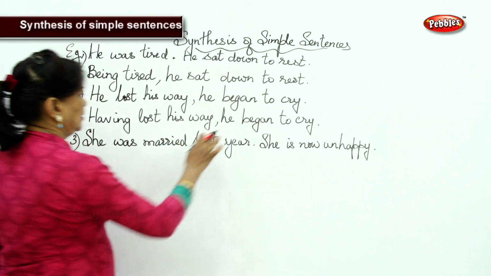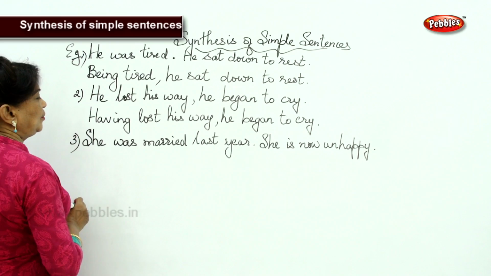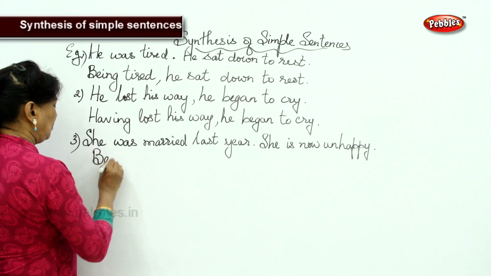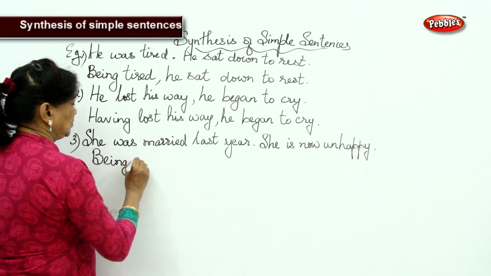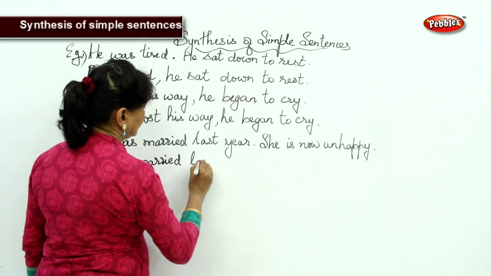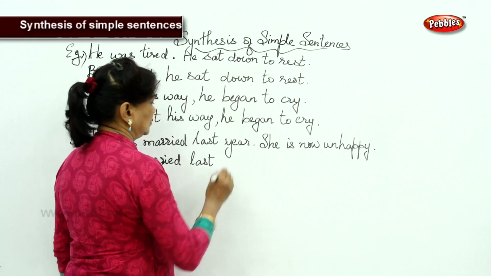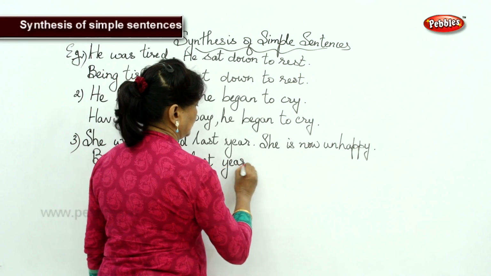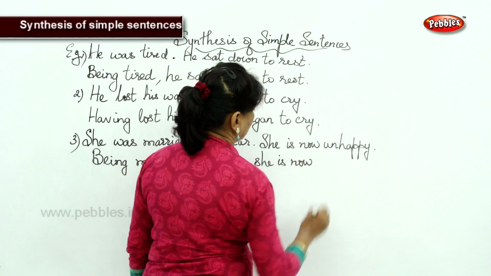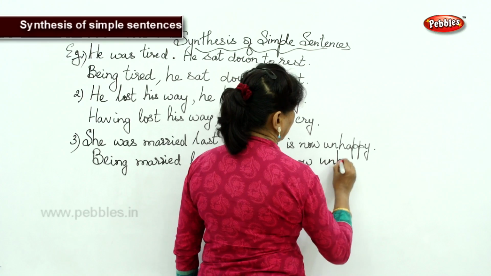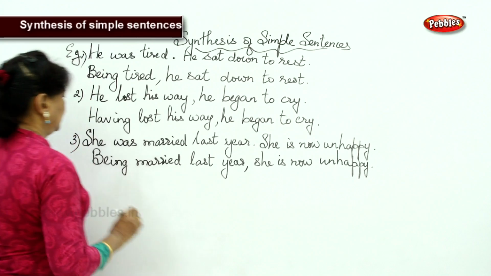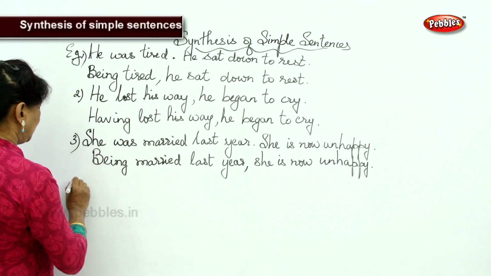Okay. Now, what do we do? Was is a be form of a verb. So, being married last year, she is now unhappy. Okay. Next one I'll give you.